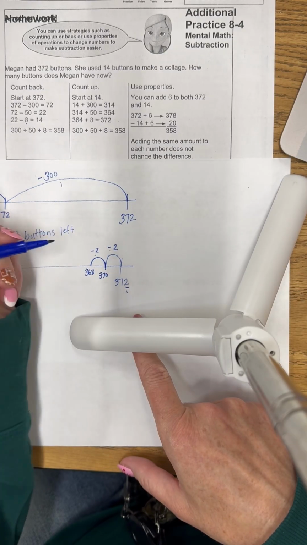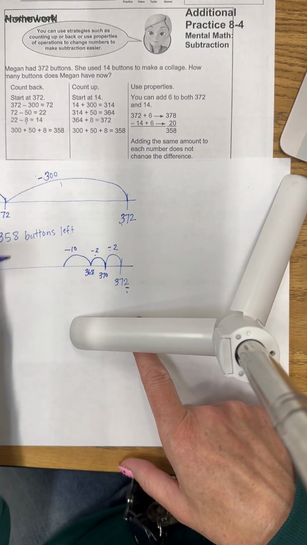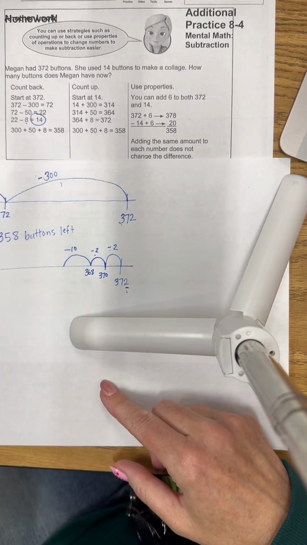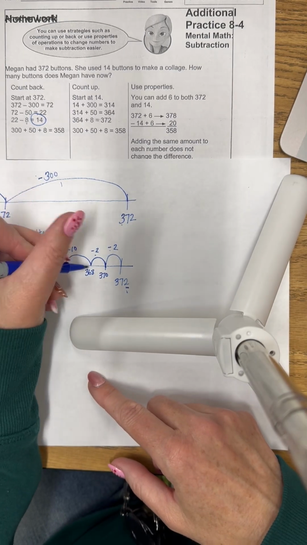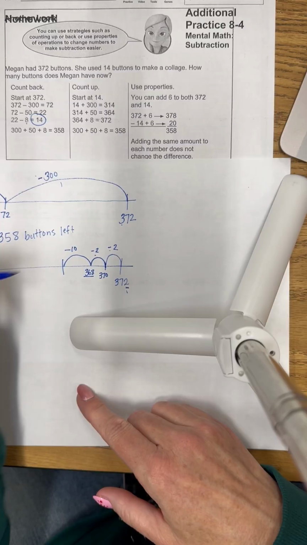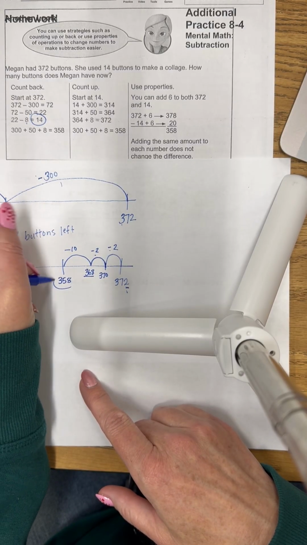Now those two together is 4 out of 14, and I would just have to jump back 10 more. So in my mind, it makes more sense to jump back the 14 buttons, because that would be just as easy and leave me in a place on my number line. 358 is where I would land finally.